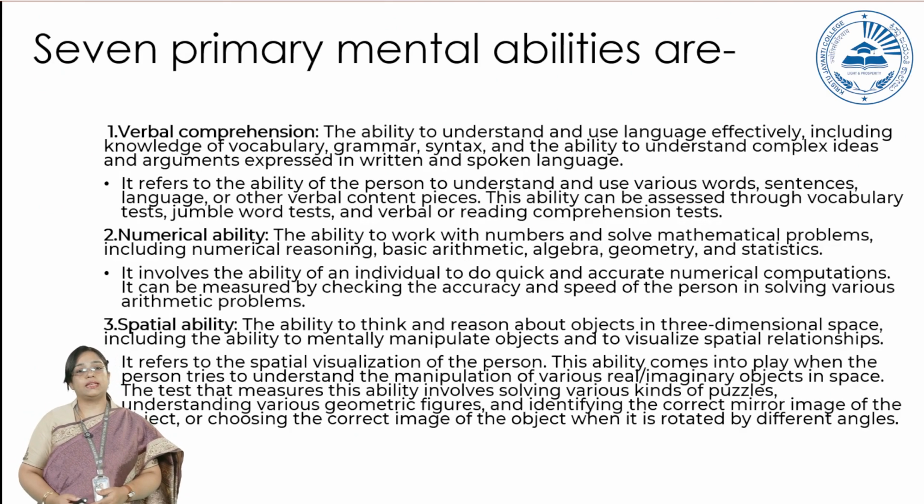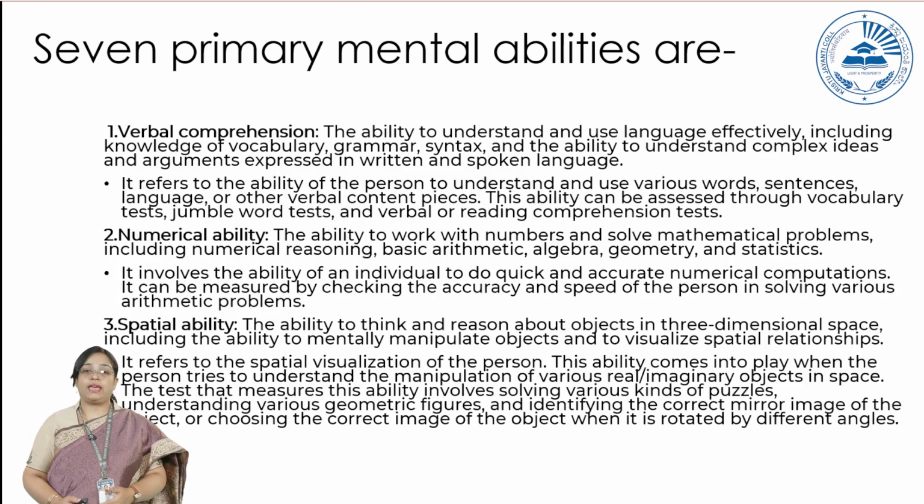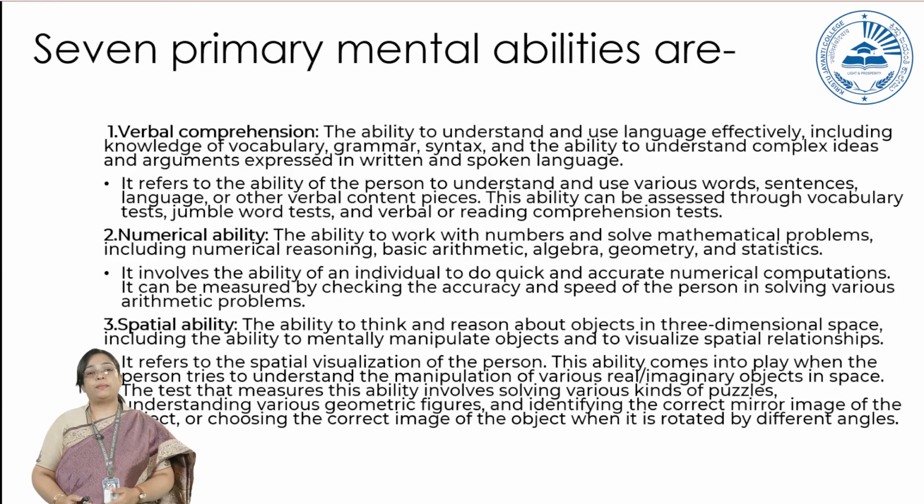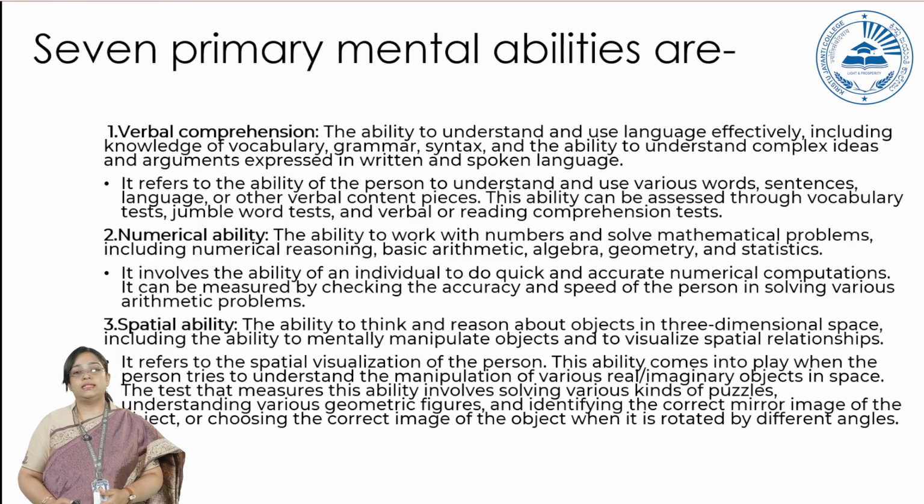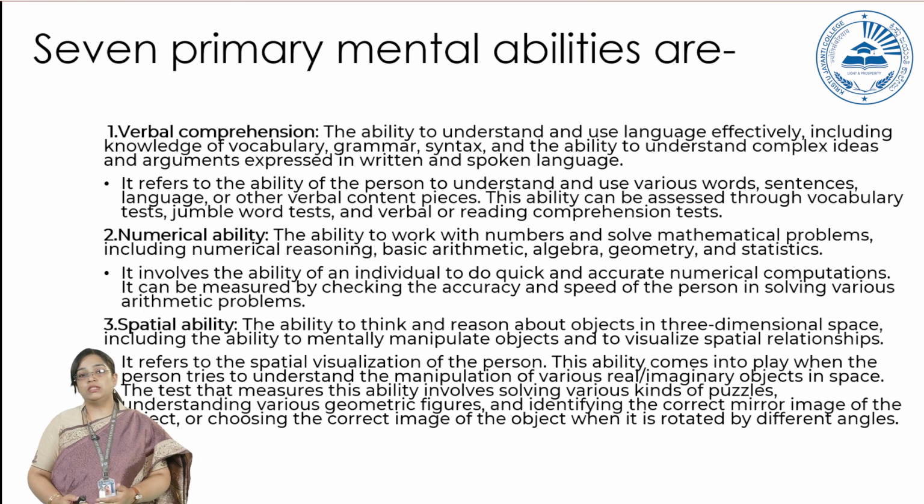The third one is the spatial ability. This is the ability to think and reason about objects in a 3-dimensional space, including the ability to mentally manipulate objects and to visualize spatial relationships. It also refers to the spatial visualization of the person. This ability comes into play when a person tries to understand the manipulations of various real or imaginary objects in space.